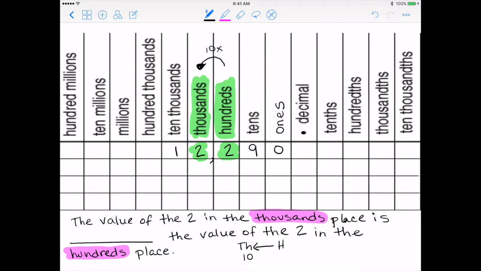So 10 times 1, because we've just moved one place value, we have no other 10s, so it's just 10.